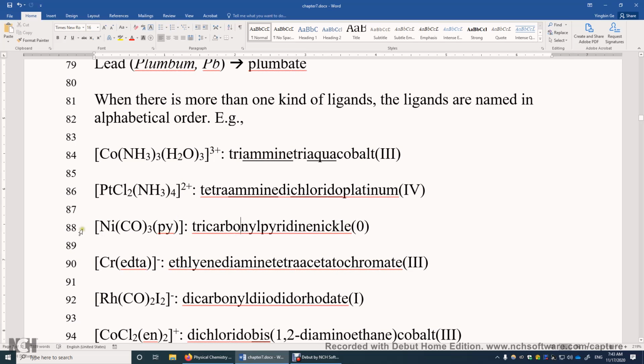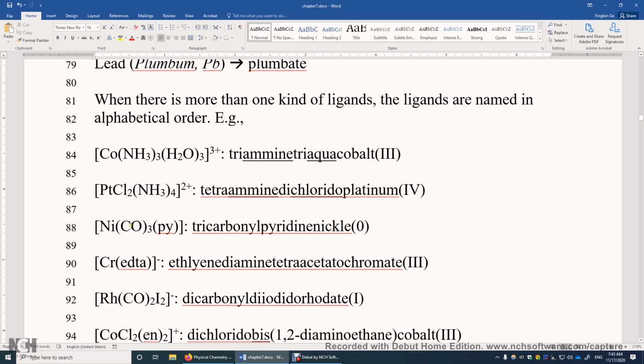Now let's look at this case. In this case, this is just a neutral transition metal complex. The transition metal center is nickel. It's bonded to 3 carbon monoxide. The IUPAC name of the carbon monoxide ligand is carbonyl. So it's tricarbonyl, and then this is pyridine nickel with an oxidation number of 0.